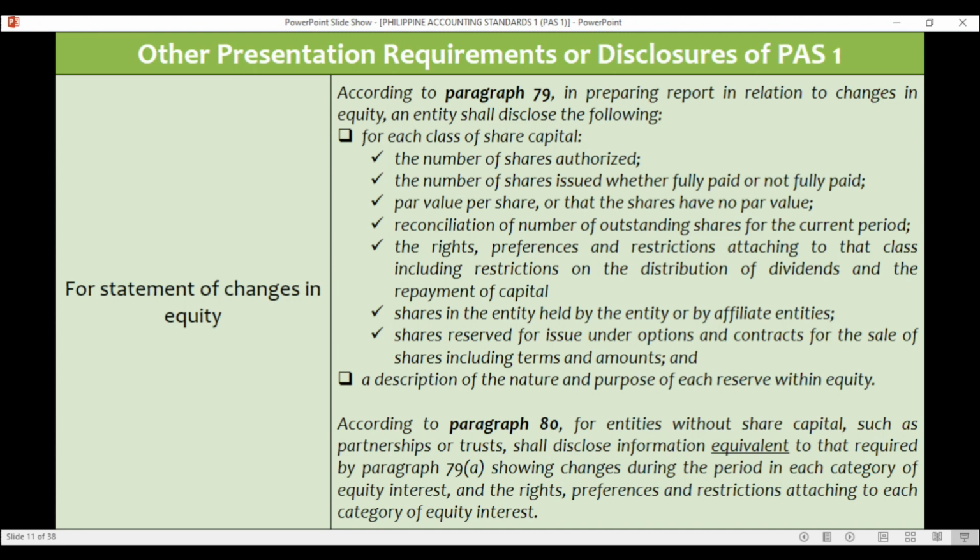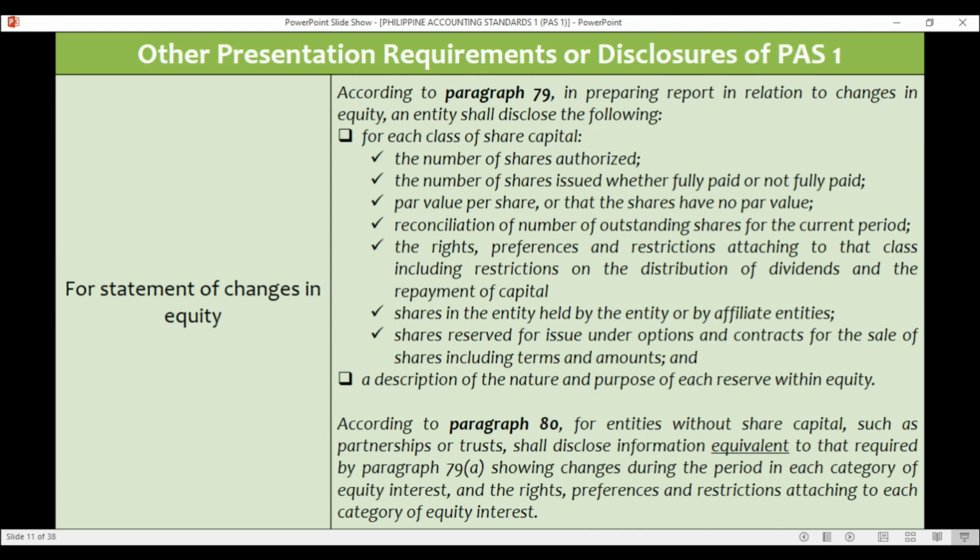The rights, preferences, and restrictions attaching to that class, including restrictions on the distribution of dividends and the repayment of capital. Meaning, all the rights that are applicable for that class of share should be disclosed, including preferences and restrictions, if any. And also, related to that share, if they are entitled to distribution of dividends or liquidations.